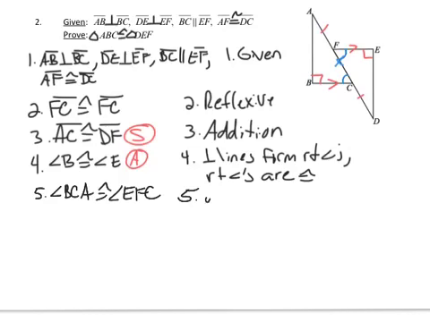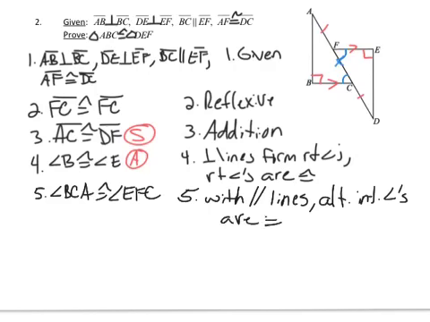And the reason, with parallel lines, alternate interior angles are congruent. You can't just write alternate interior angles. You have to say this. With parallel lines, alternate interior angles are congruent. And that's sufficient. That's my other angle.